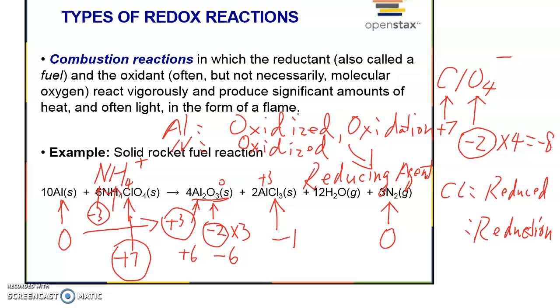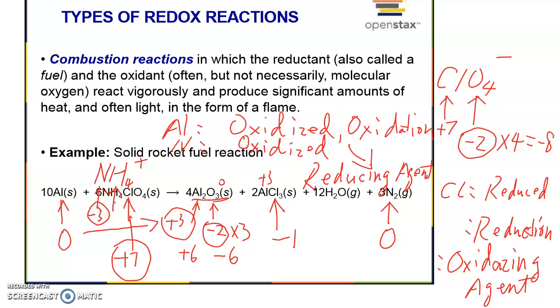When it is reduced, we call it an oxidizing agent. So in a redox reaction, there must be some element that is oxidized and other elements that are reduced.